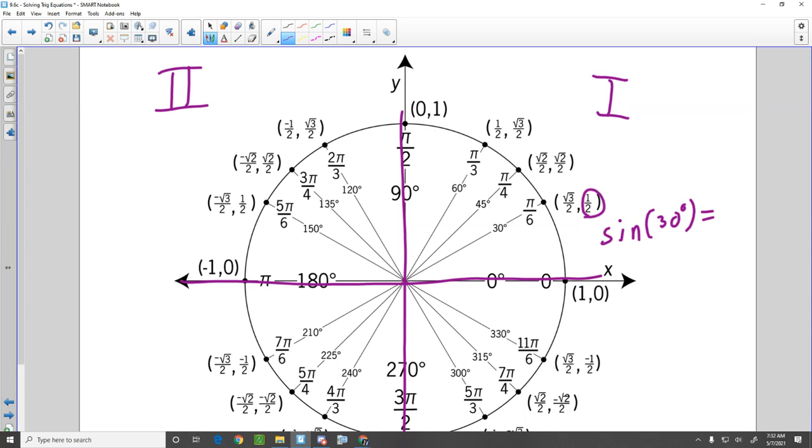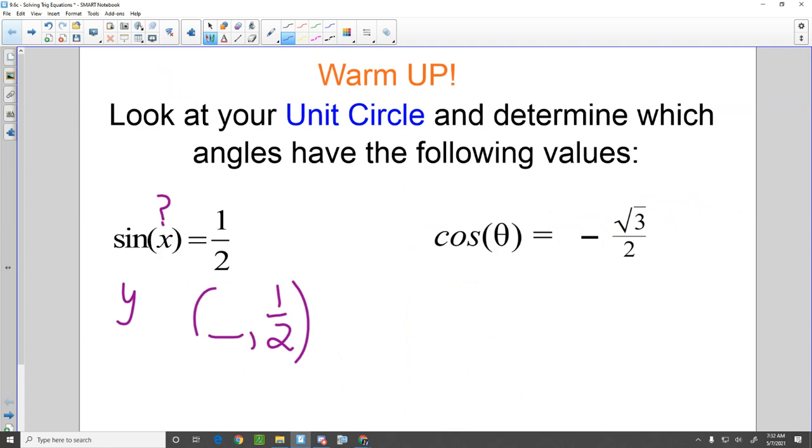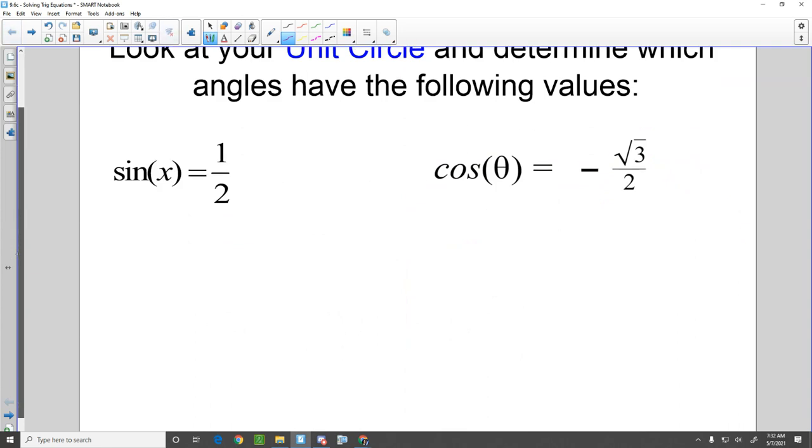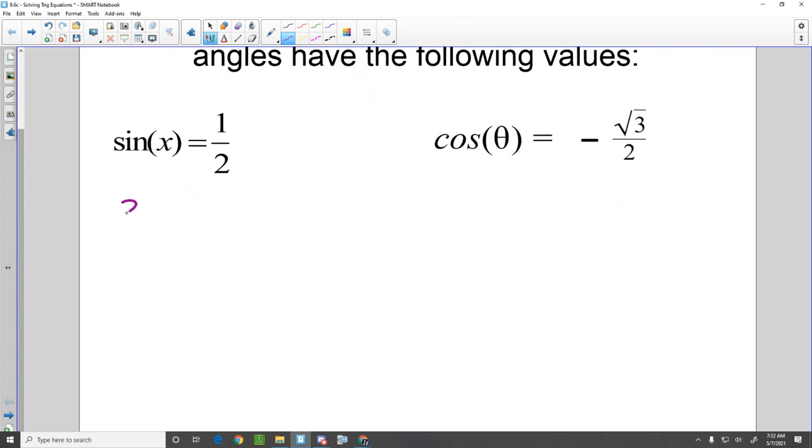Well, the sine of 30 degrees would be that y coordinate. It would be 1/2, which tells you that my answer to that original problem is 30 degrees. So going back, which angle has a sine of 1/2? Well, 30 degrees is one of them. Or if you want to think of that in radians, pi over 6.